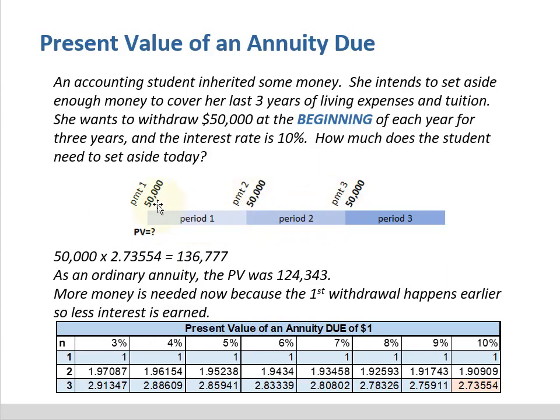Notice that more money is needed now than it was when we did this problem as an ordinary annuity. When we did it as an ordinary annuity, the student only needed to deposit $124,343. There needs to be more money deposited up front now because that first withdrawal is happening earlier than it did when it was an ordinary annuity. So less interest is being earned on the money deposited in that account.